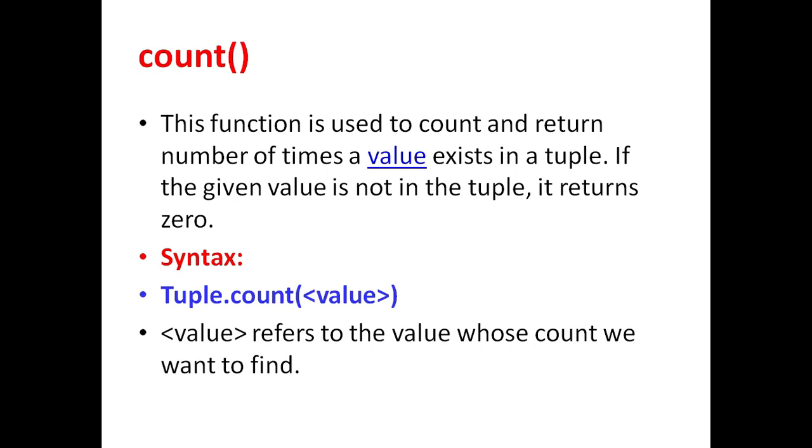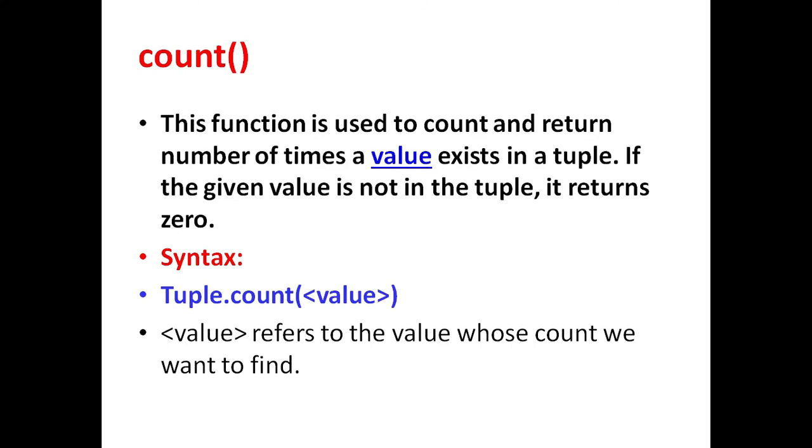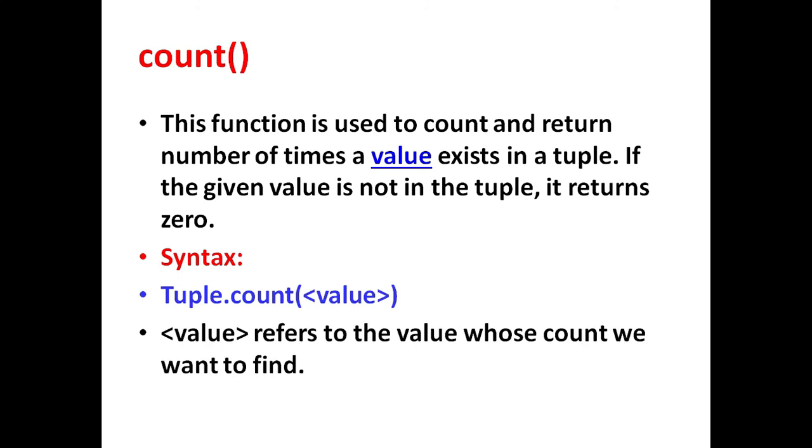Next is count. This function is used to count and return the number of times a value exists in a tuple. If the given value is not in the tuple, it will return 0. General syntax is tuple.count and value, where value refers to the value whose count is to be found.